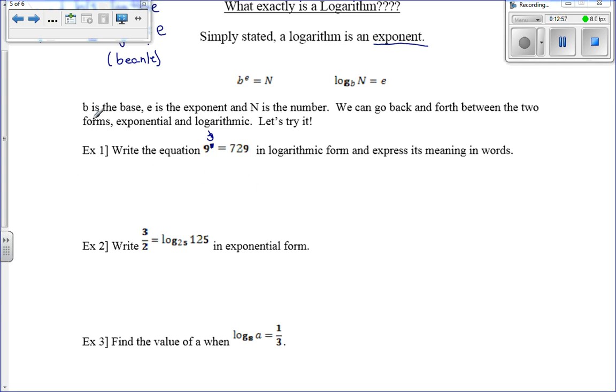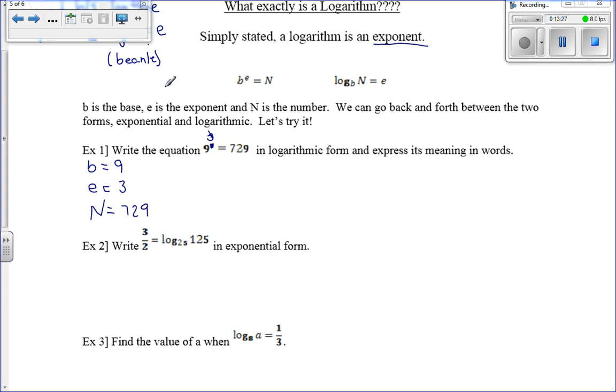What we need to be able to do is identify what B, E, and N are. As long as we can identify B, E, and N, we can go back and forth between the two forms. My base is whatever's being raised to the power, and my base in this case is 9. My exponent is the power, which is 3, and my number is the other number, 729.